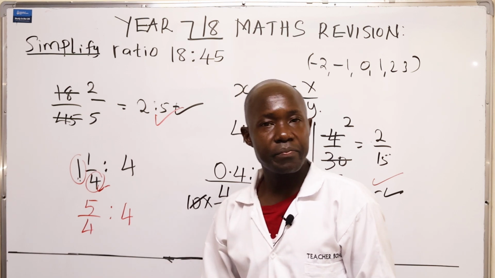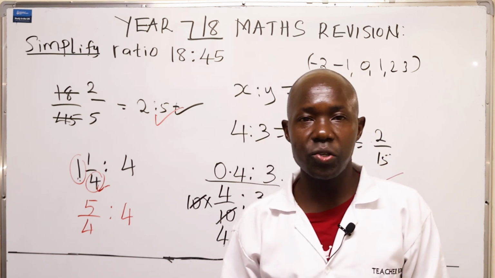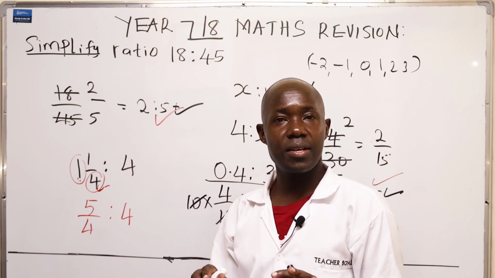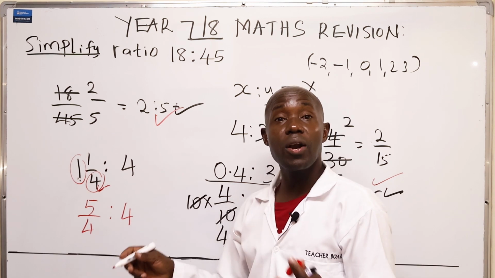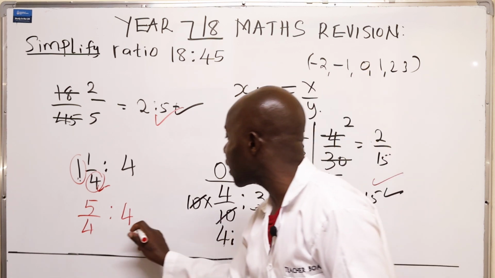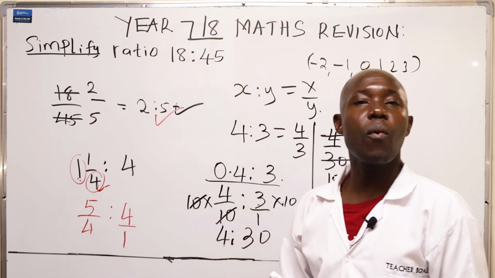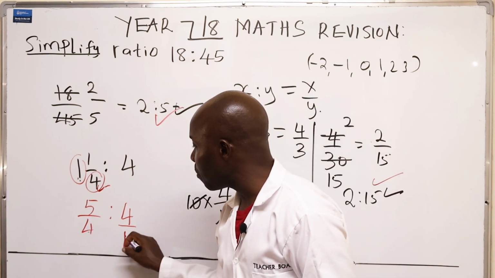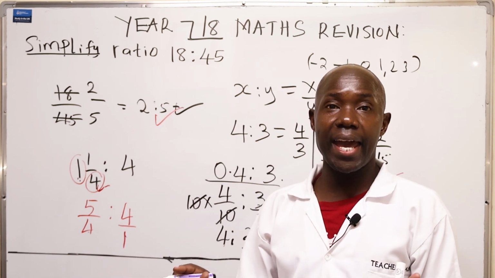Then the next point that you should always learn: when you have 5 over 4, it is a fraction, and our 4 is a whole number. So to make sure that we operate under the same denominator, put this over 1, the whole number part. Then we look at the denominators, then we multiply by the LCM.